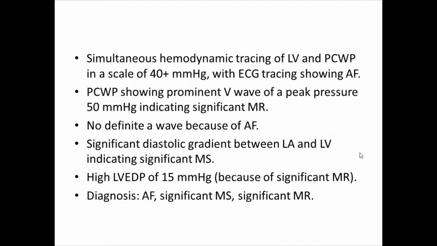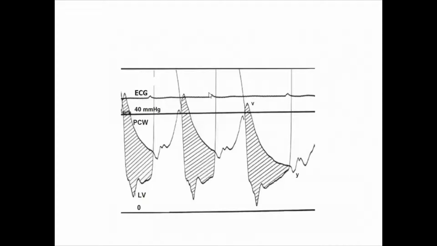The previous one? Okay. So this is the hemodynamic tracing between LV and pulmonary capillary wedge pressure, which is the left atrium here resembling left atrium, in a scale of 0 to 40 with ECG tracing in atrial fibrillation. So the pulmonary capillary wedge pressure showed a high V wave consistent with diagnosis of severe MR. The LVEDP is around 10 to 15 or maybe 20.